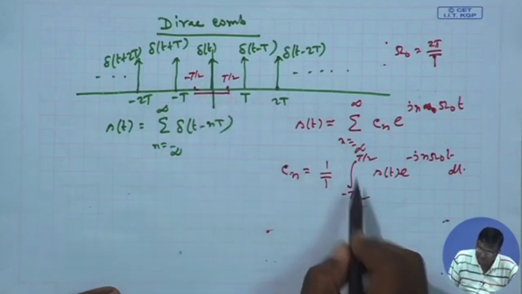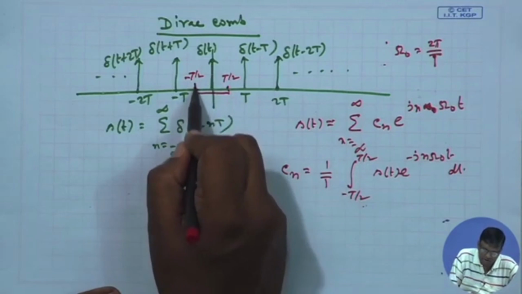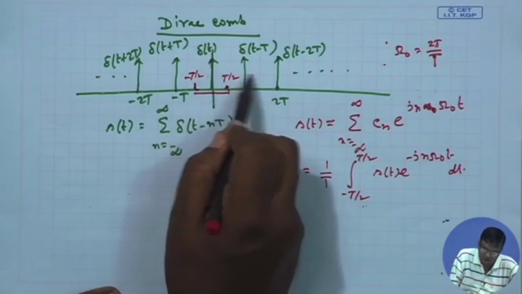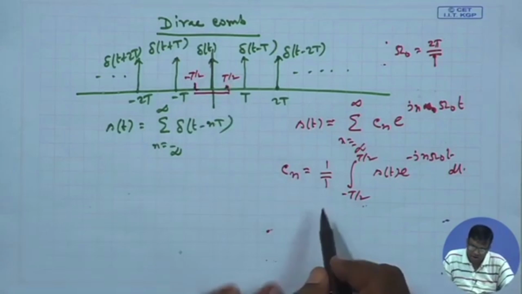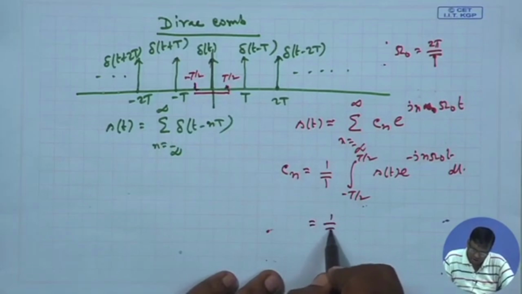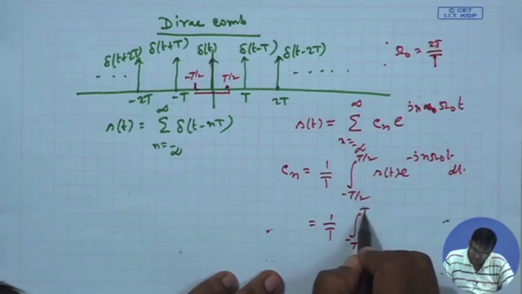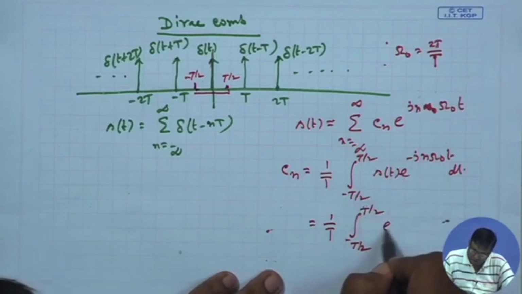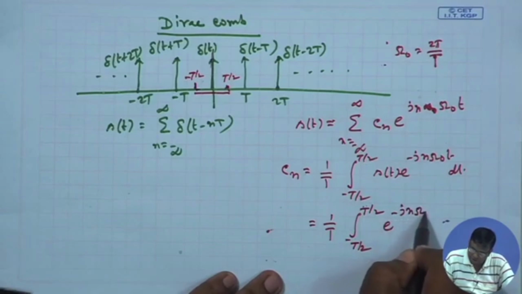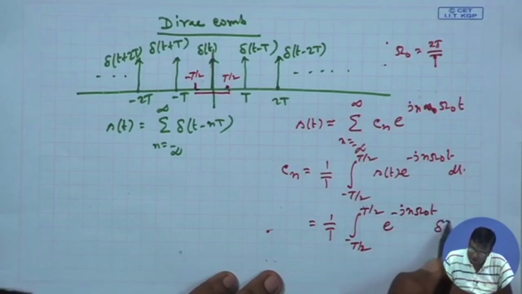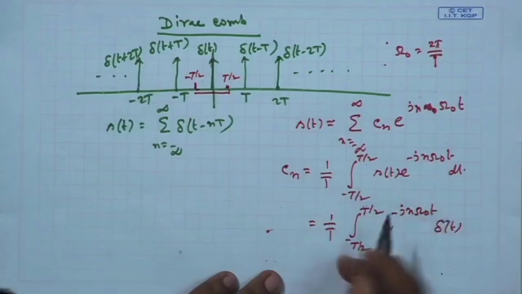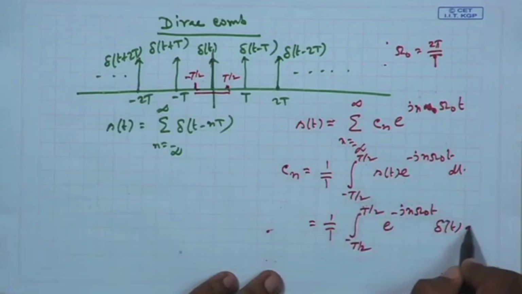Now, from minus T by 2 to T by 2, if I integrate, I have only one impulse, others are not coming. So, it will turn out to be just this function e to the power minus j n omega naught t into 1 delta t only, other impulses are not present, because the range is from minus T by 2 to T by 2.